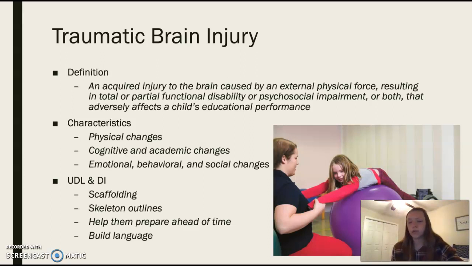Emotional, behavioral, and social changes, forming relationships and friendships, or often not being able to understand that their actions have consequences. So ways to help them would be scaffolding, as mentioned before, skeleton outlines, making them outlines that they can follow along with so that they are not getting lost as easily, help them prepare ahead of time with content, and then obviously building their language if that is something that they have lost.